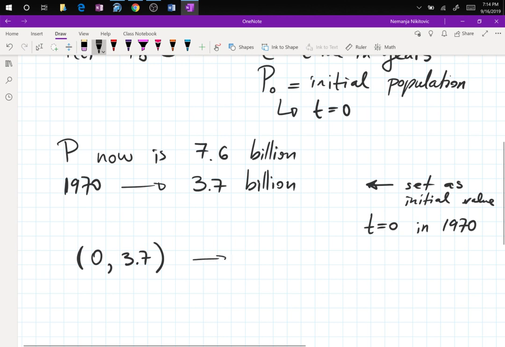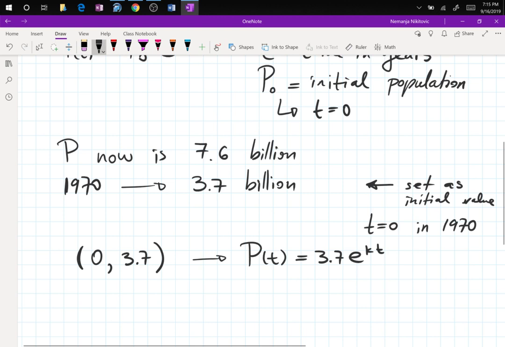And because it's the initial point, my P of t model is 3.7 e to the kt, because 3.7 is the initial population. Initial population happens when t is equal to 0, and we just picked this year to be year 0.